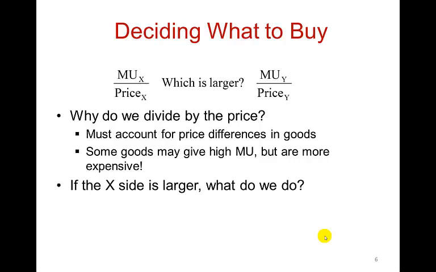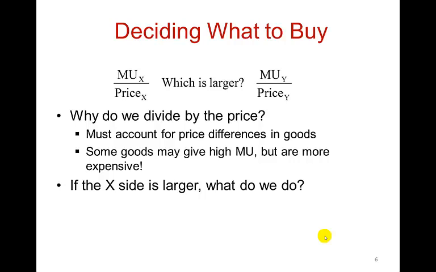So why do we have to divide by the price? Well, again, we need to account for price differences. My marginal utility of a Porsche is probably higher than my marginal utility from a pencil. So if we did not account for the price, then we would just say, well, I should definitely purchase a Porsche because that would make me much happier than purchasing an additional pencil.